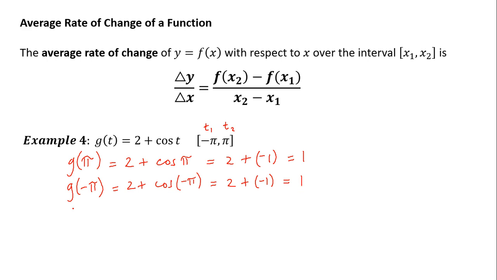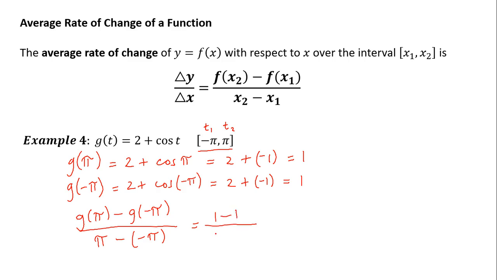So the average rate of change of this function over this given interval is g of pi minus g of negative pi divided by pi minus negative pi. So we have 1 minus 1 divided by pi plus pi, that's 2 pi, right? So this is equal to 0 over 2 pi, which is equal to 0.